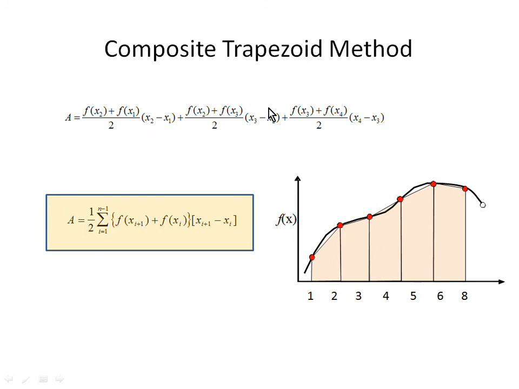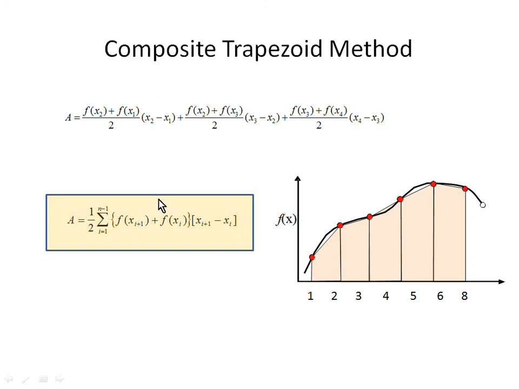Instead of writing it out discretely like this, we can write it as a general summation where we are now summing from I equals 1 to n minus 1, so I equals 1 and 2 and 3. And then we're calculating a term for I equals 1, and then we're adding it to a term for I equals 2, and so on. We're doing that up to n minus 1.